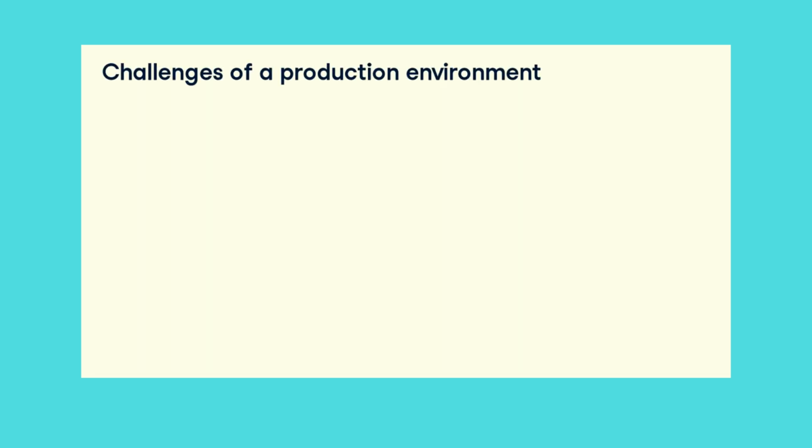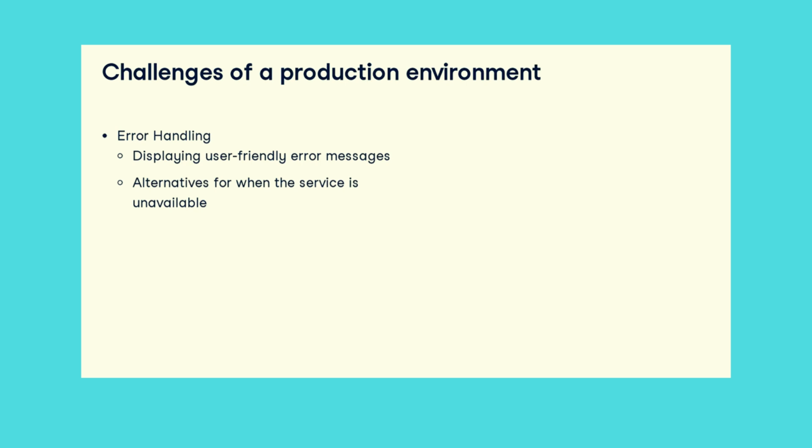When integrating with more complex production environments, we may need additional features. Our API call should be able to handle errors in a user-friendly way by displaying easy-to-understand error messages and proposing alternatives for when the service is unavailable.